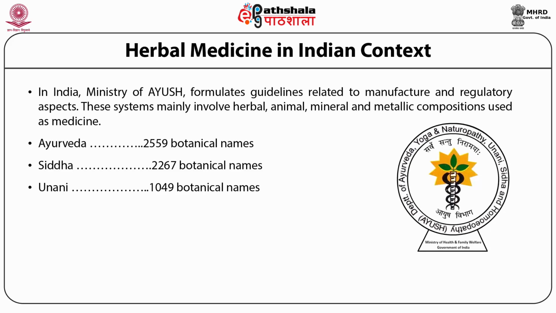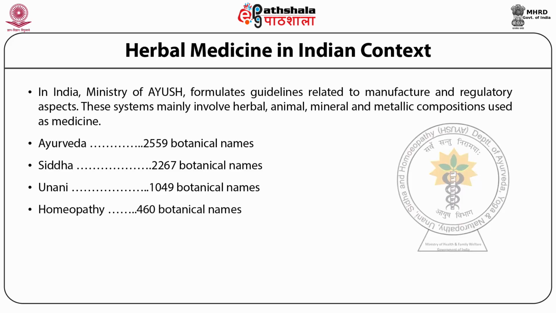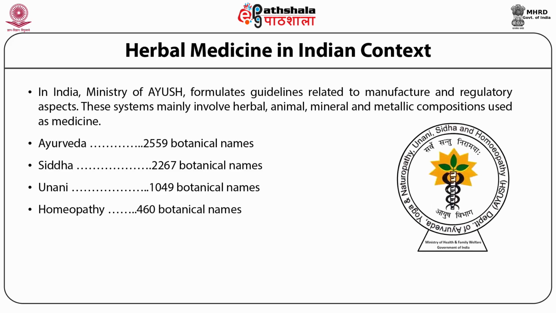The homeopathy system of medicine uses more than 450 plants or plant products. This system uses plants or their products in hydroalcoholic, liquid, or solid form.